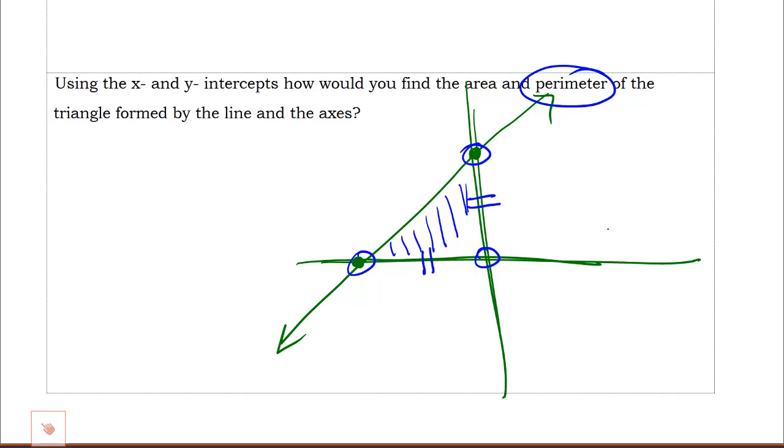The base of the triangle is going to be the absolute value of the x-intercept. The hypotenuse is going to be the distance between the two intercepts. Why don't I have to say absolute value there?